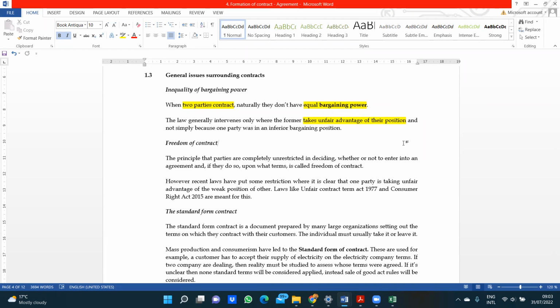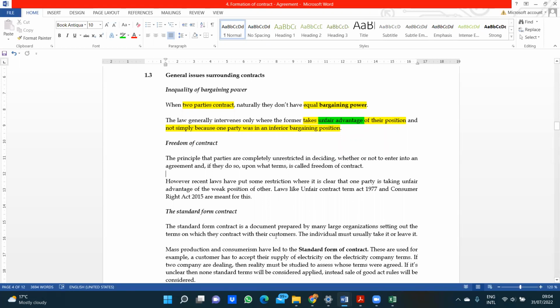And not simply because one party was in the inferior bargaining position. It is always the case when entering an agreement that there is no equal bargaining power; one will have a higher bargaining power and one will have a lower bargaining power. But the court intervenes when the person who has the higher bargaining power takes unfair advantage of their position.